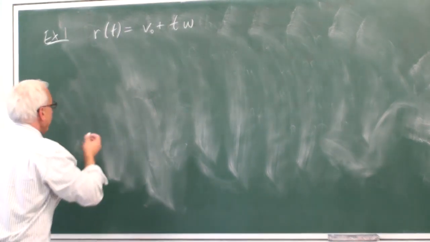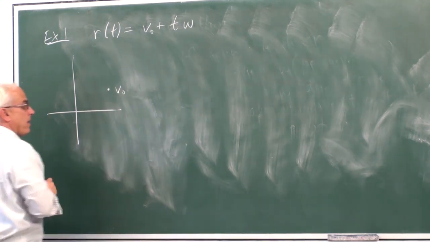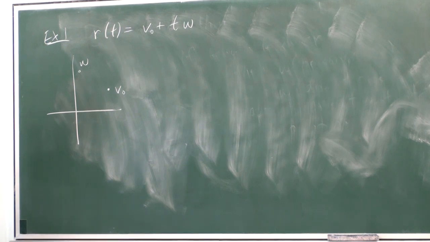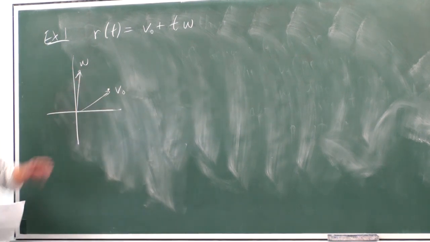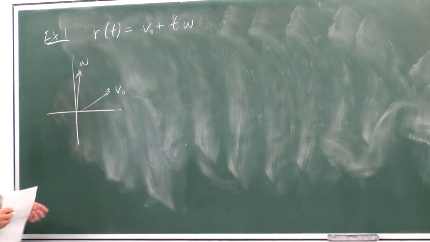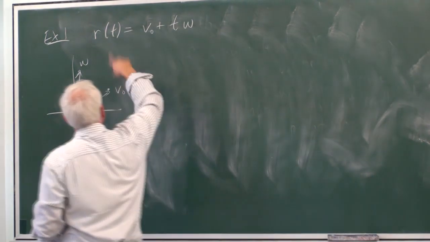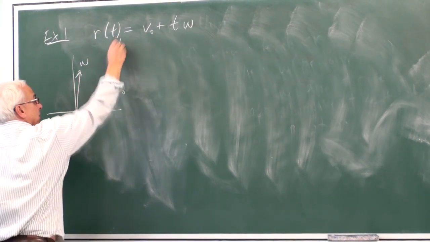Okay, so what is this? So here's some vector v0, and here's some vector w. Okay, and we probably should think of them as being vectors like this. So this motion, of course, is just a linear motion. It's what happens when you start at v0 and you add multiples of w. So you're heading off in the direction of w.